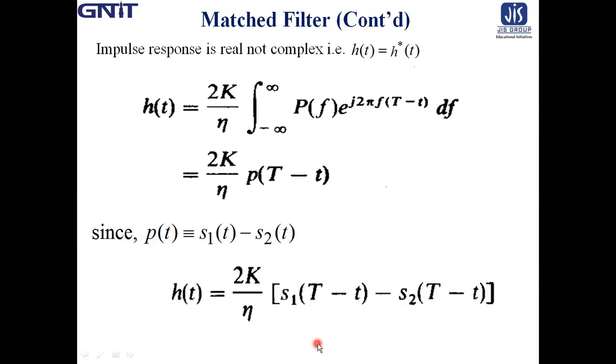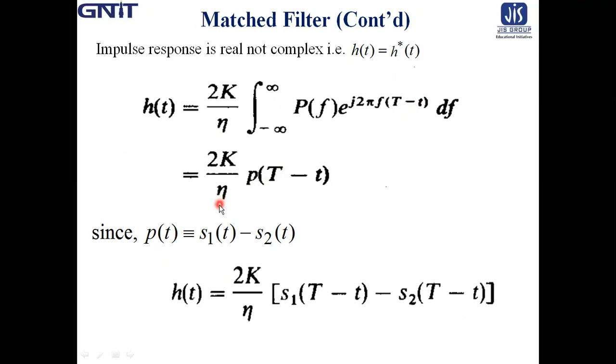A physically realizable filter will have an impulse response which is always real, not complex. Therefore h(t) equals h star(t). So h(t) equals 2K by eta, integral from minus infinity to plus infinity of P(f) e to the power j 2 pi f (T minus t) df.